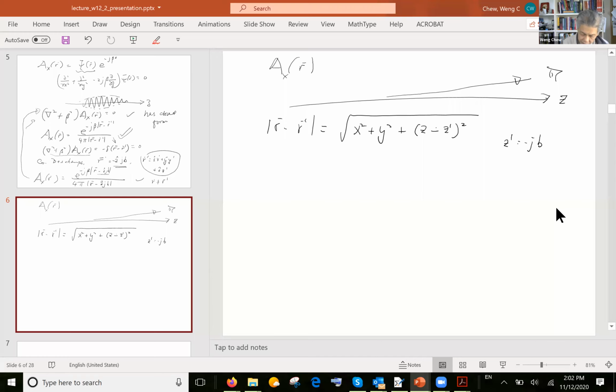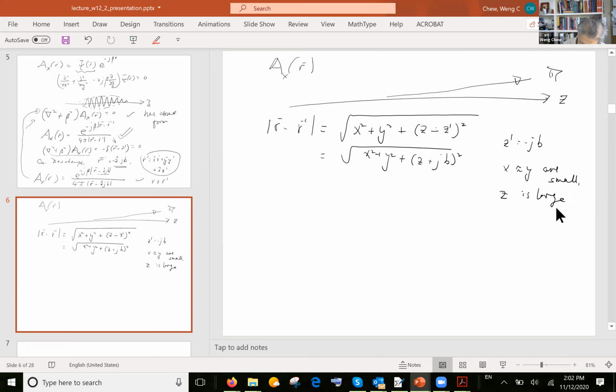And then if I do that, this is going to be x squared plus y squared plus z plus jb squared. I'm going to make a paraxial approximation to this expression, which means that I'm going to assume that x and y are small and z is large.